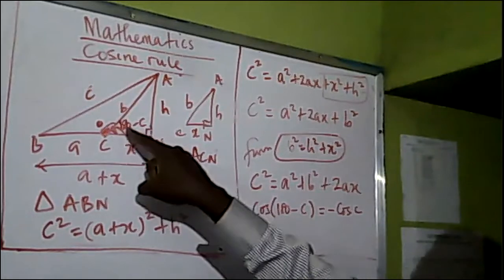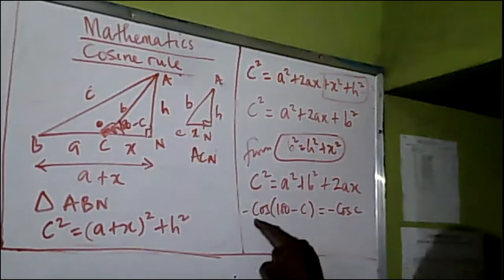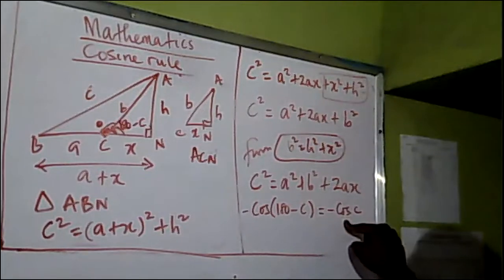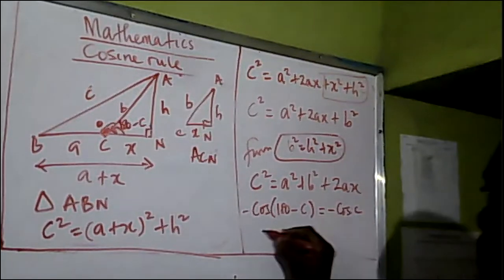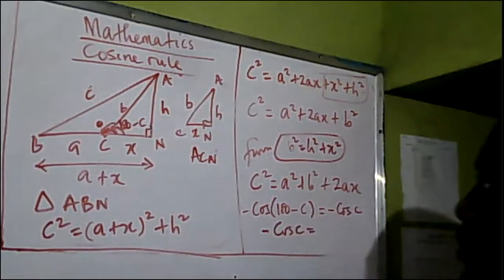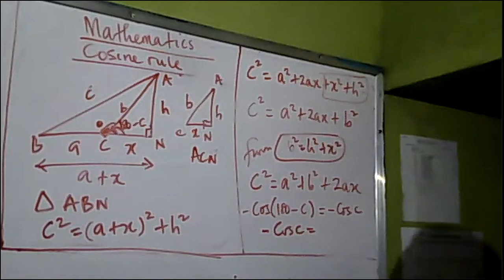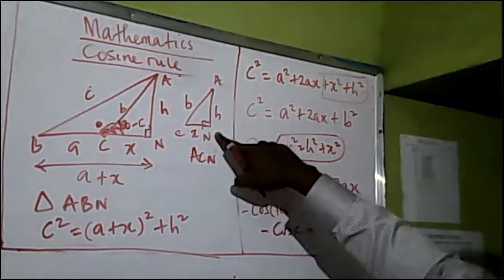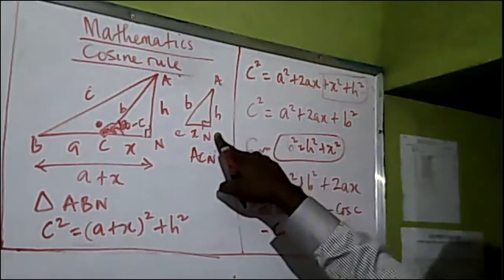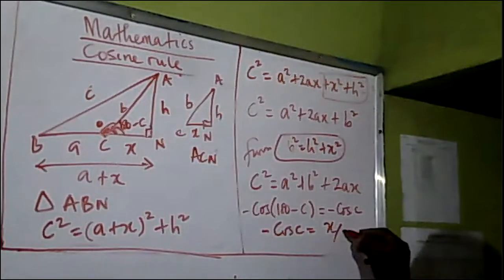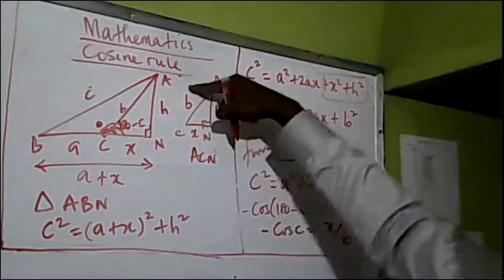So if we say 180 minus C, that means we are assuming that your answer should be negative. So if that is the case, it therefore means minus cos C is equal to, and we know that cos is adjacent over hypotenuse. So going back to this smaller triangle, what is the adjacent there? X. Over, what's the hypotenuse? B. Adjacent over hypotenuse.